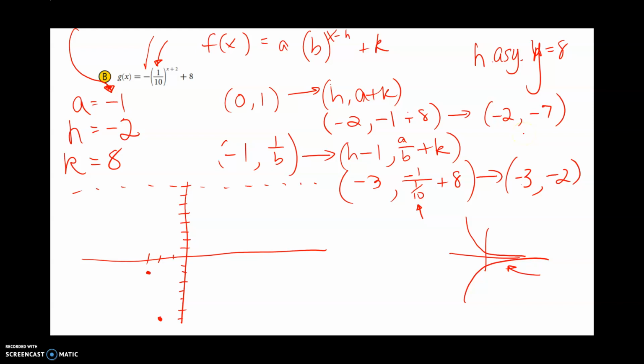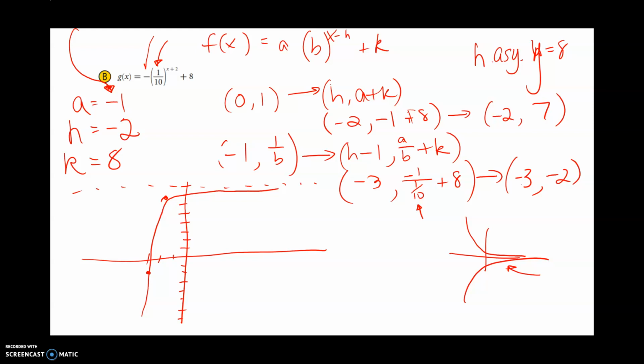Let me see if I did the points right. Oh, I'm sorry, you guys, this is 7. I'm sure you were yelling at the computer telling me it was 7. So (-2, 7). When you look at it, that's the shape of the graph.